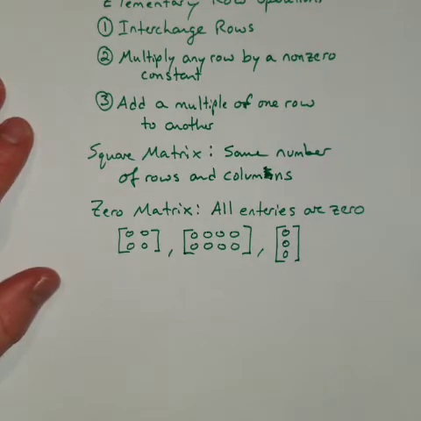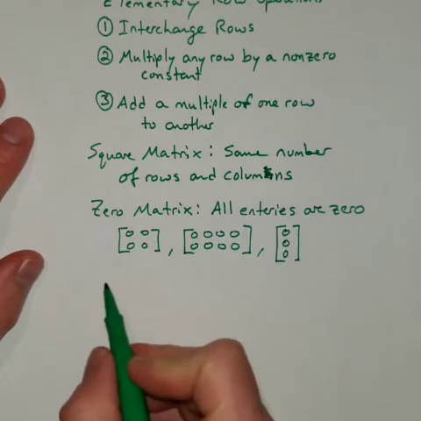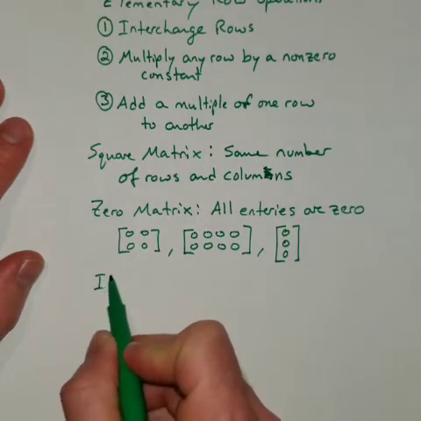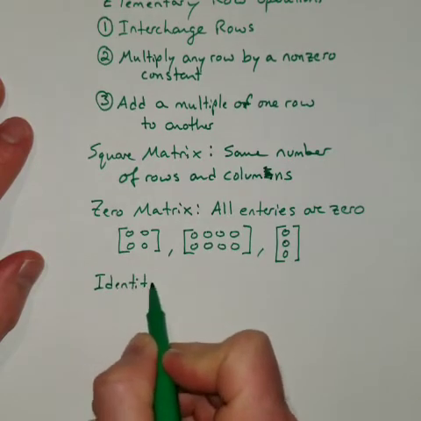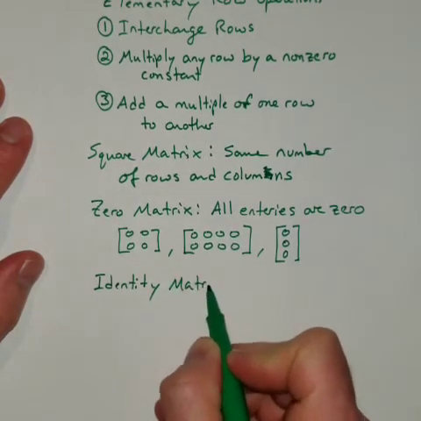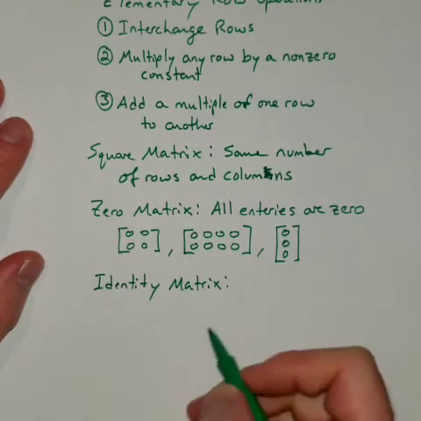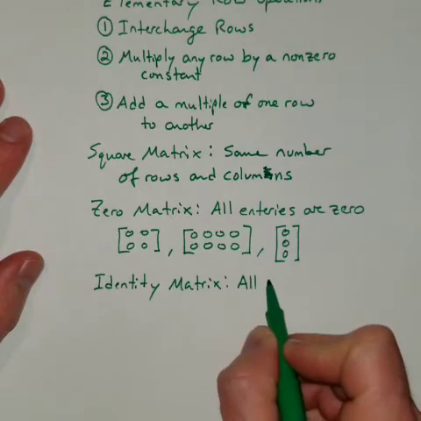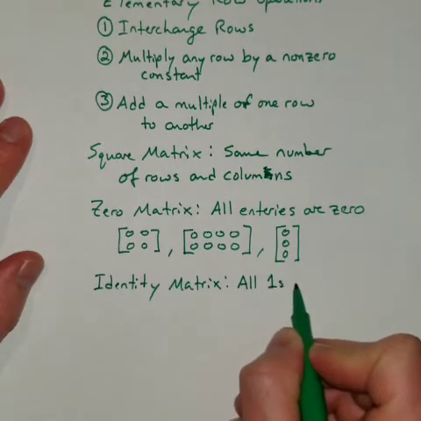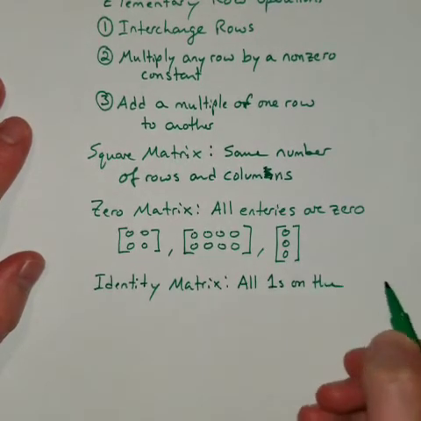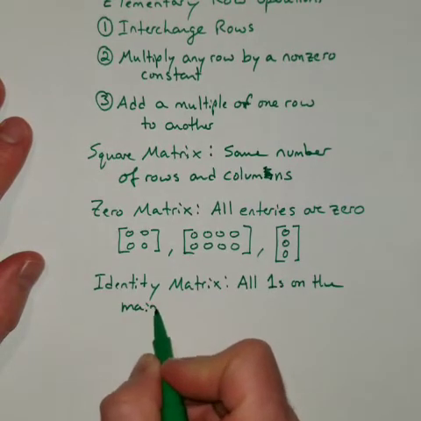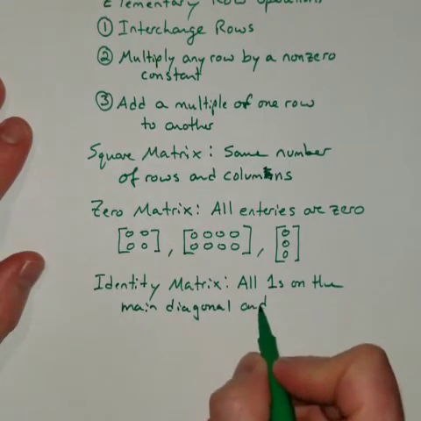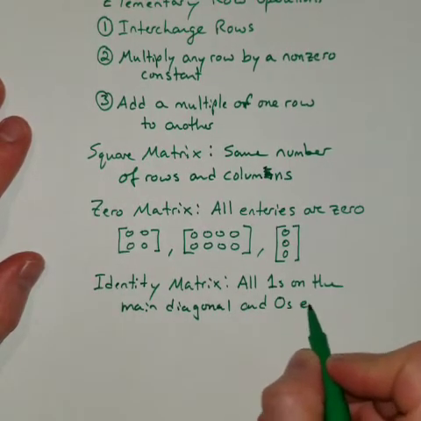Those are examples. Okay, we also have one type of matrix called the identity matrix. And an identity matrix is all ones on the main diagonal and zeros elsewhere.